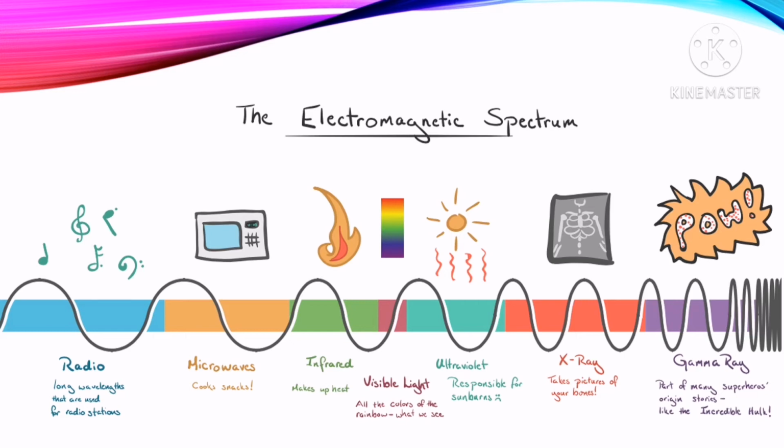Typically, lower energy radiation, such as radio waves, is expressed as frequency. Microwaves, infrared, visible, and ultraviolet light are usually expressed as wavelength, while the higher energy radiation, such as X-rays and gamma rays, is expressed in terms of energy.